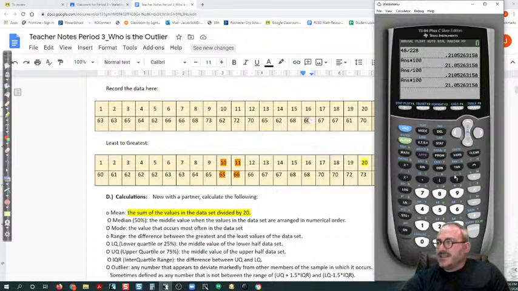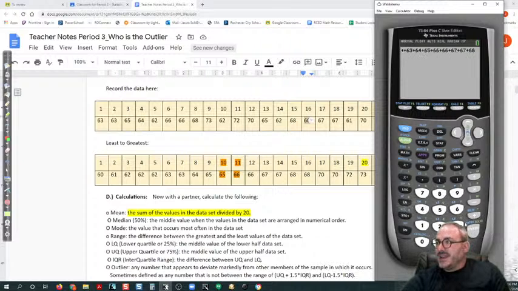So it's kind of tedious. I get that. But here we go. 60 plus 61 plus 62 plus 62 plus 62 plus 63 twice, right? 63 plus 63 plus 64, 64 plus 65 plus 66 plus 66 plus 67 plus 67 plus 68.